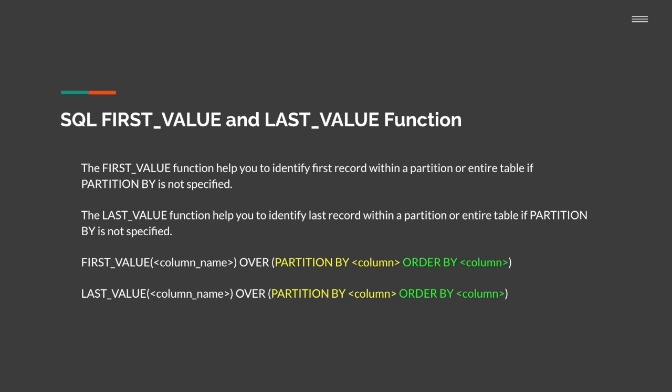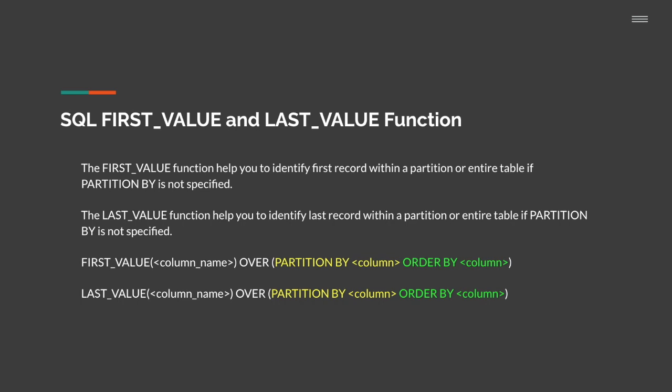Regardless of the function, they all take the same input parameters and are constrained to the same requirements. So if you were to use one of these functions, after providing that initial keyword, for example first value, then you'd have in brackets the column name that you want to have the function return as its response in your result.